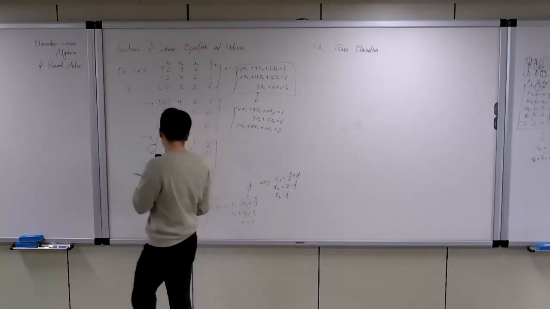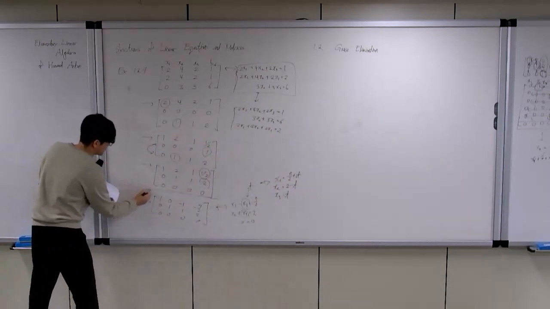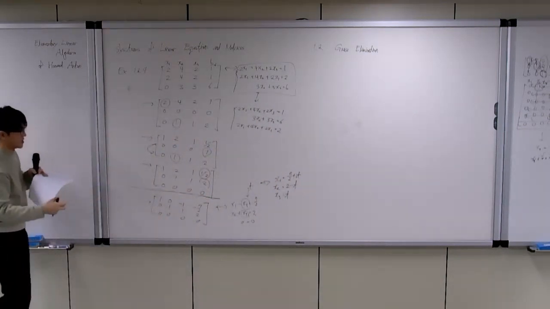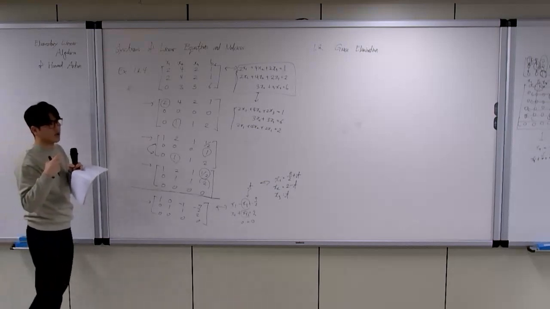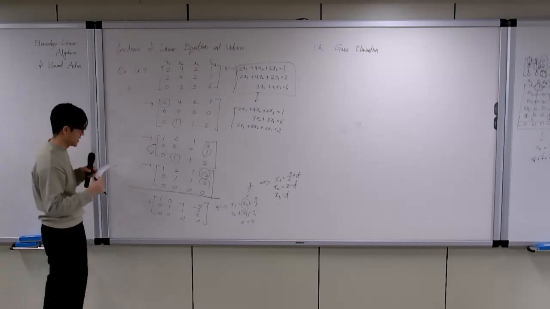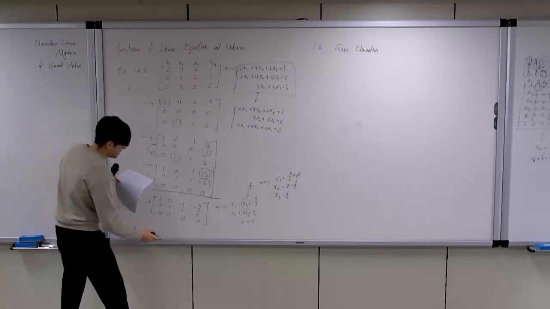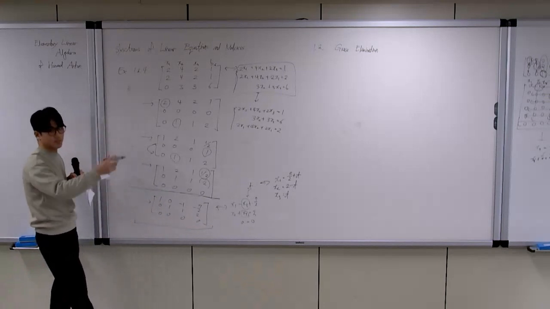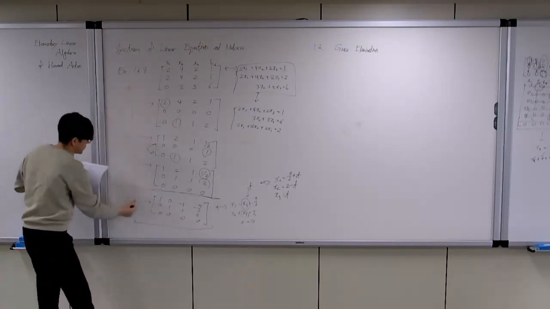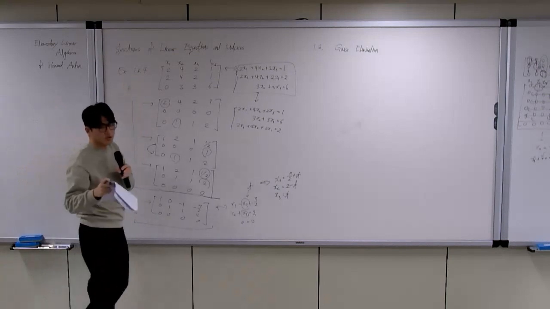Making this form until this form is called Gauss elimination, and if we find the final form, then the whole method is called Gauss-Jordan elimination.